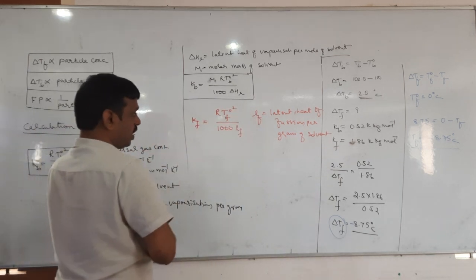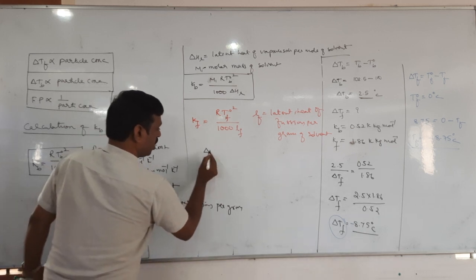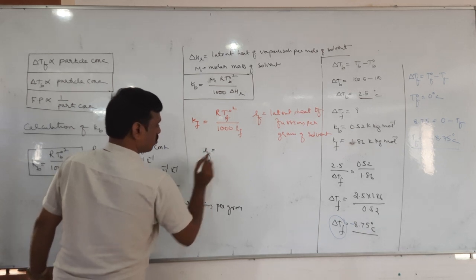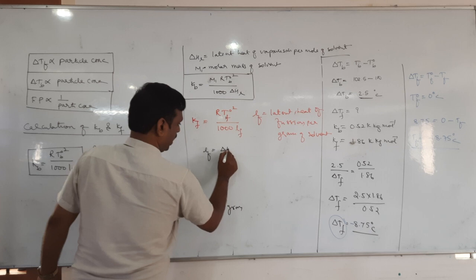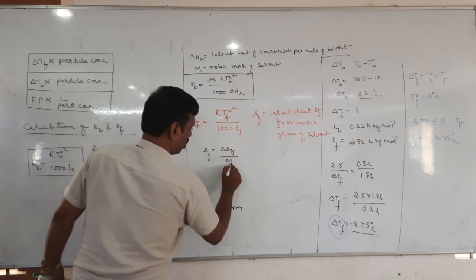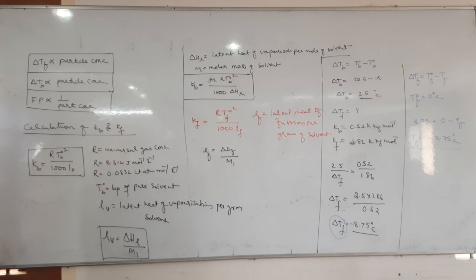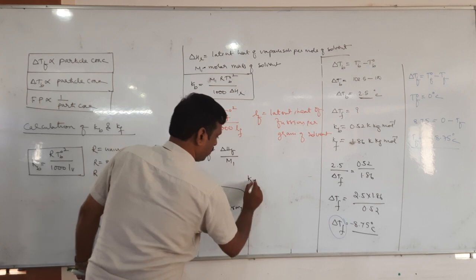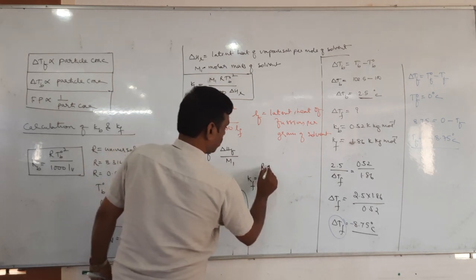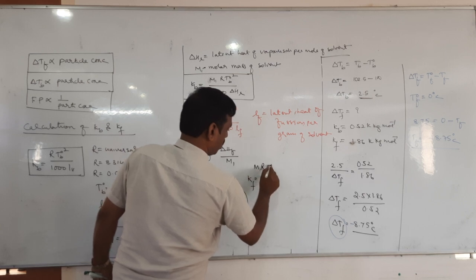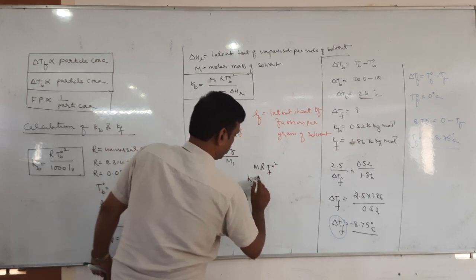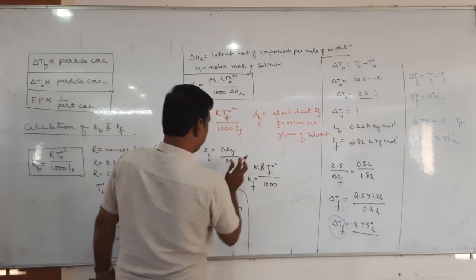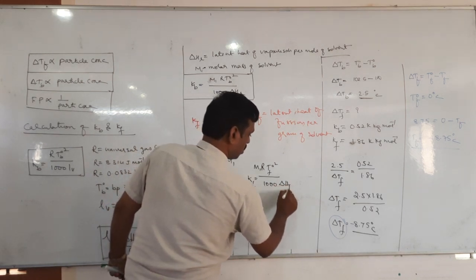Similarly, LF is also related to delta HF. Let us take LF equal to delta HF by molar mass of the solvent. So therefore, substitute here. Again you will get a similar formula. Kf is equal to M1 R T naught F square divided by 1000 into, in place of LF you can write delta HF.